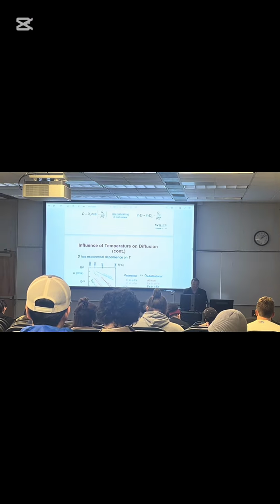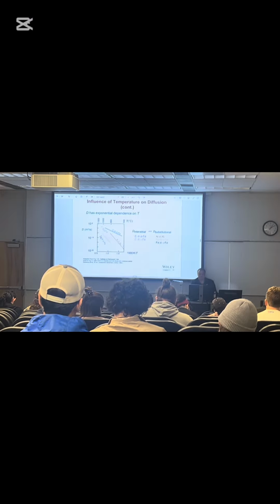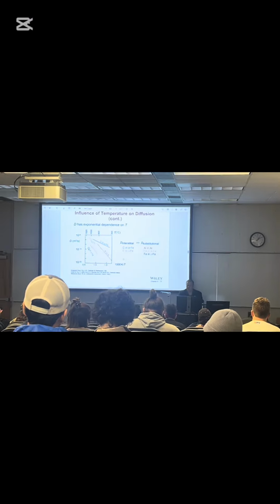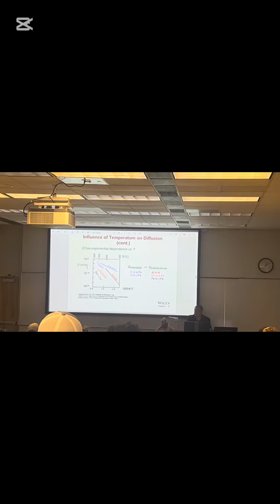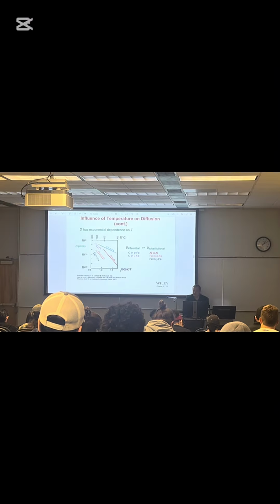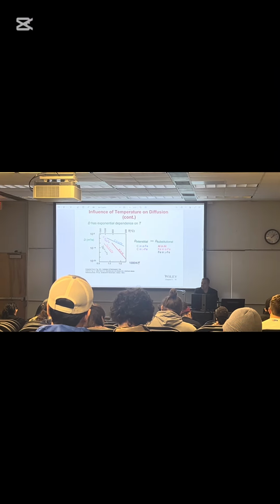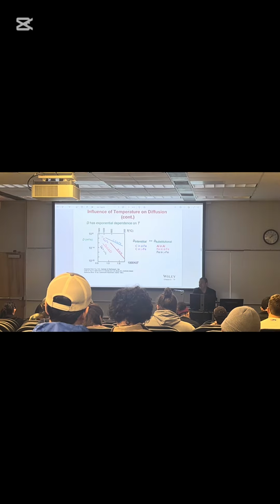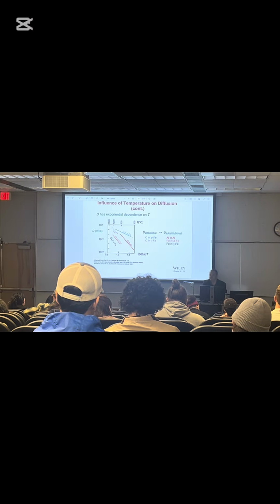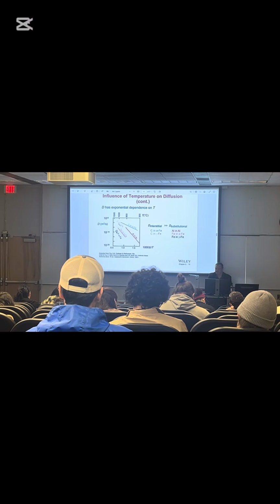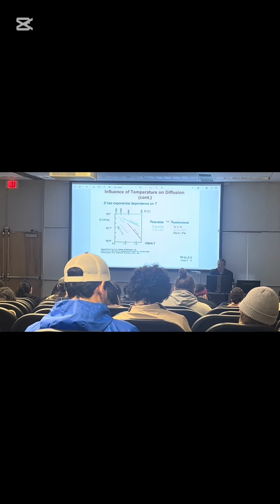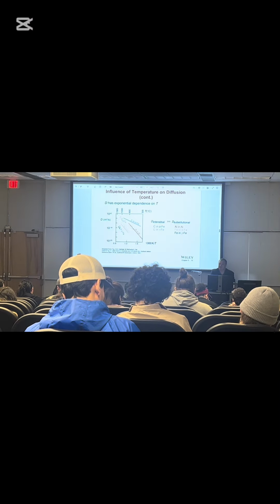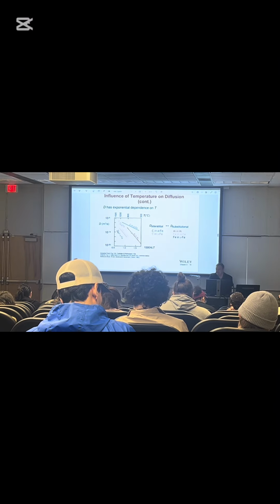Well, let's first look at the data. This is the diffusion coefficient that's plotted as 1 over T, or actually here it is 1,000 over T, and this is 1,000 Kelvin. And what you see here is called a double X plot.